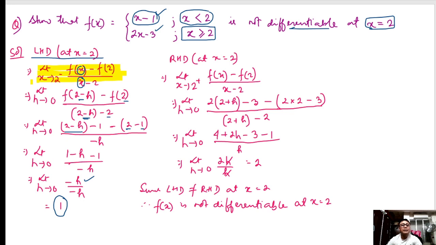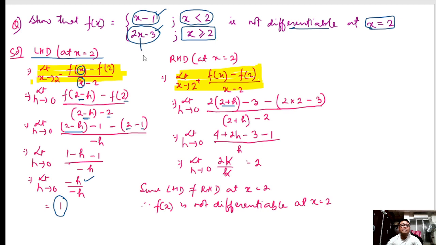Similarly, for the right hand derivative, this is how we will write the limit x tends to 2 plus. Okay, and see how to write this. So h tends to 0, in place of x I will write 2 plus h, and I will choose this function.